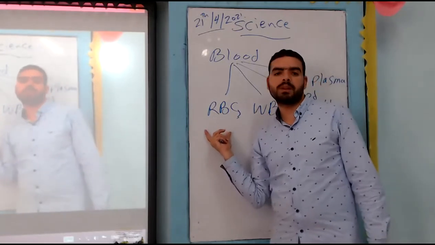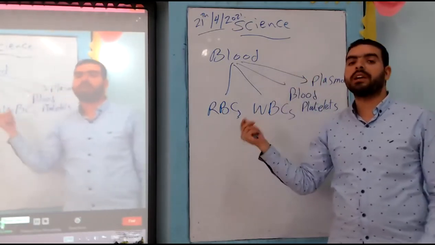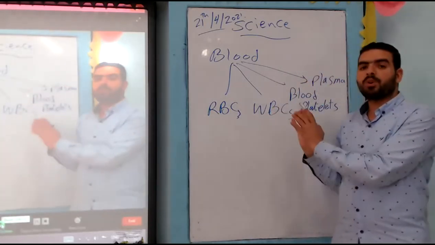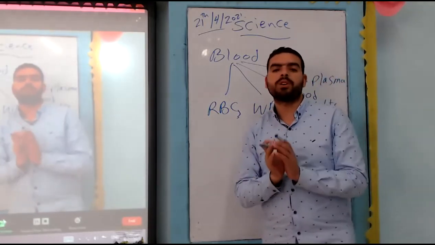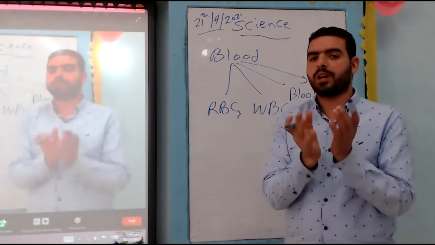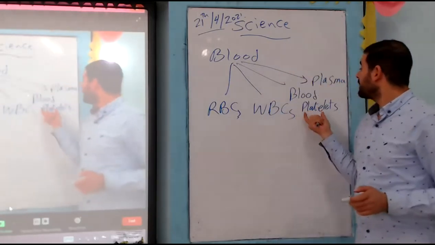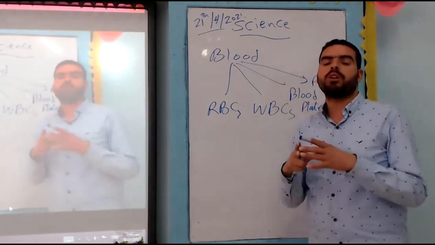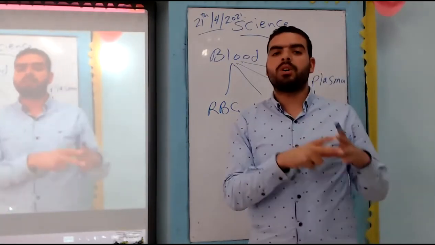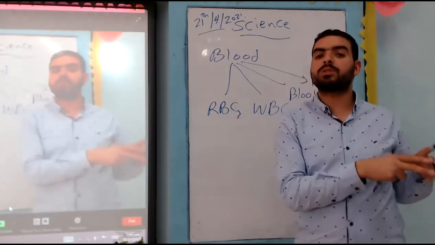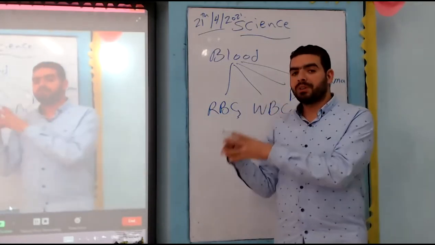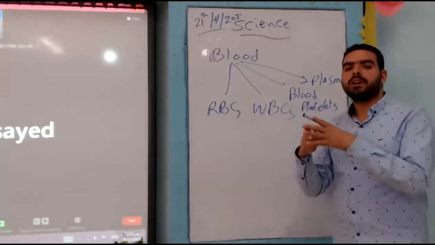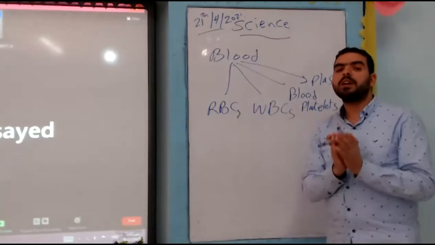The first one, red blood cells, they are responsible for carrying oxygen and carbon dioxide, while white blood cells are responsible for defending the body against microbes or attacking microbes. And the third component, blood platelets, are responsible for making blood clot or blood coagulation during wounds, which prevents blood bleeding and helps in healing of wounds.